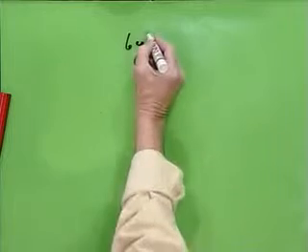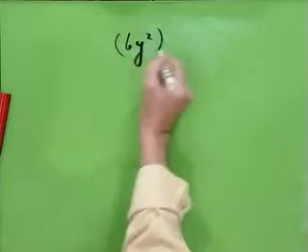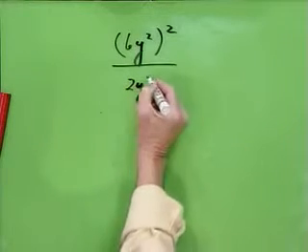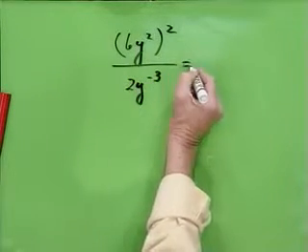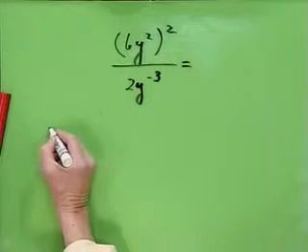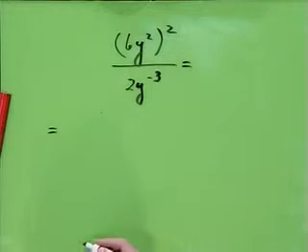Let's take one more problem that involves exponents. How about this one? 6y squared over 2y to the negative 3. Let's see, to begin that problem, who can tell me, what would you do to begin this problem?